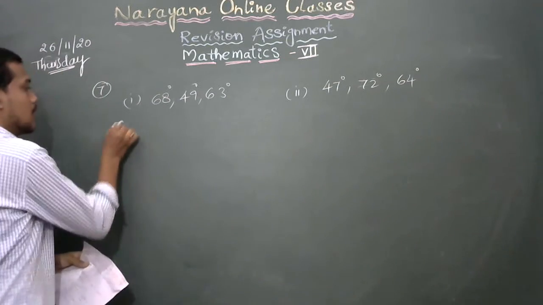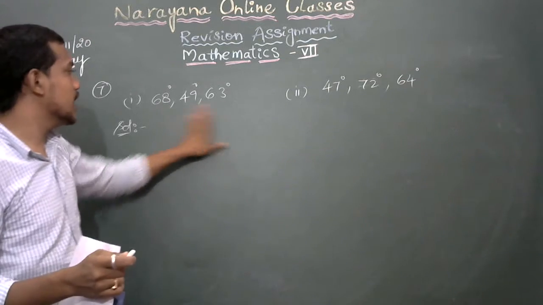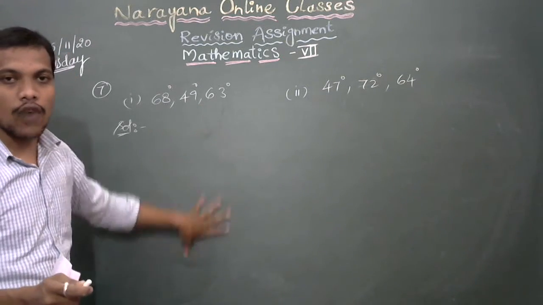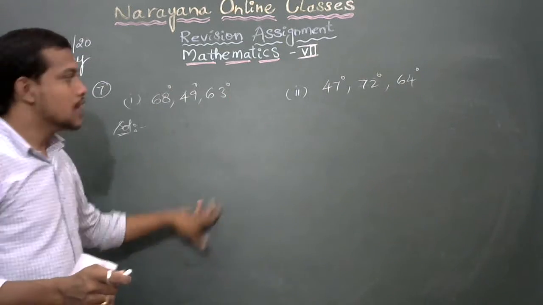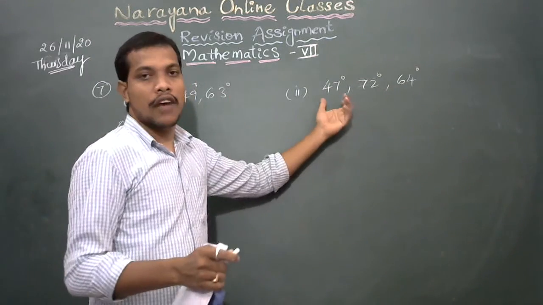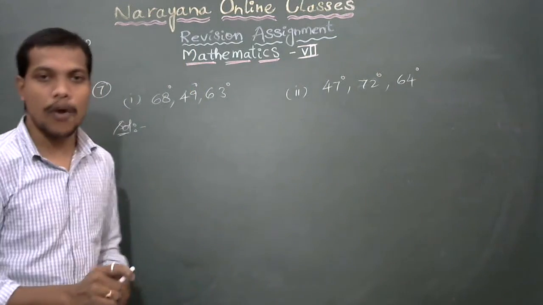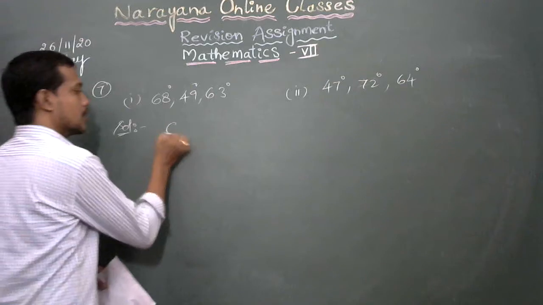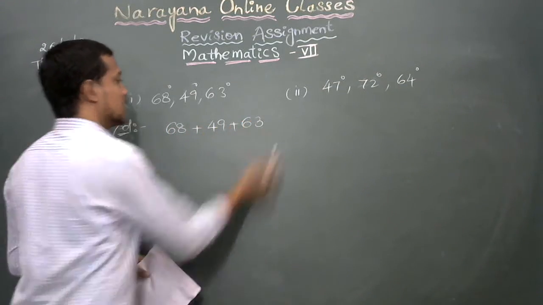If I add these three angles and we get 180, then these three angles form a triangle. Suppose we are not getting 180, then based on these angles we cannot form a triangle. Now verify. 68, 49, 63.